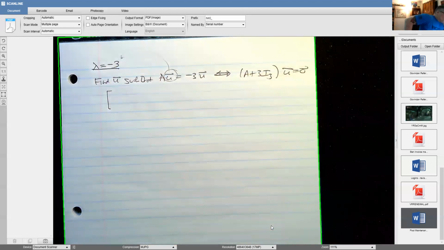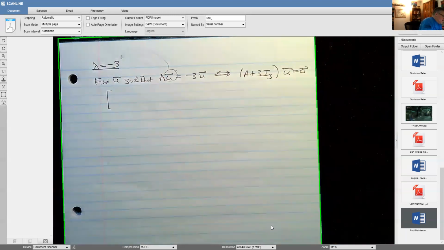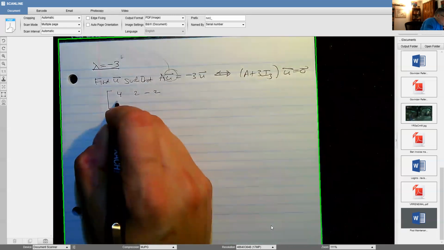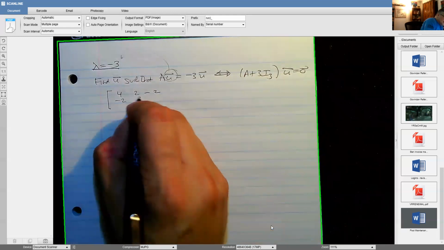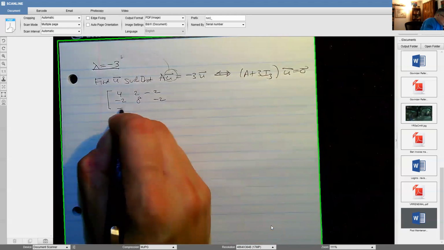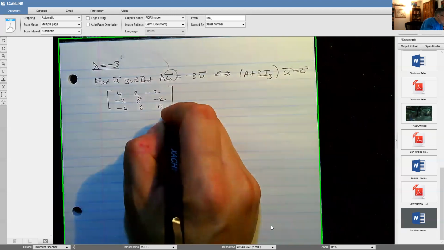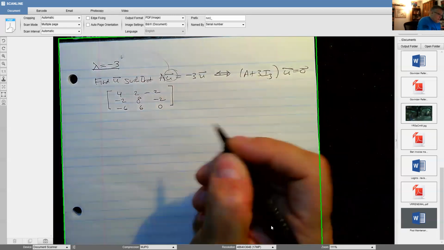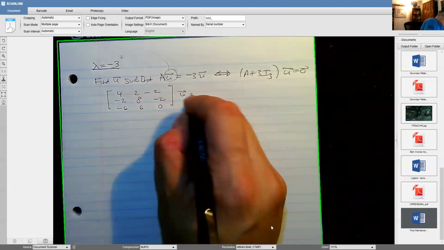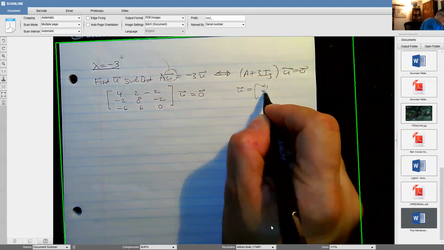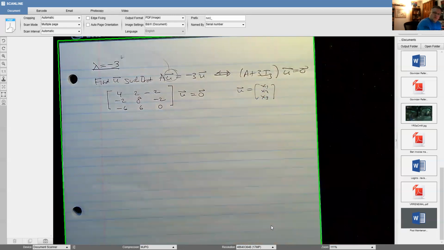And so I'm going to add 3 to the diagonal entries of A to get the matrix I'm interested in. And so if I do that, I get the matrix 4, 2, -2, -2, 8, -2, -6, 6, 0. Okay, and that's times u equal to 0. And again, I'm letting u behind the scenes be this unknown vector with those components.